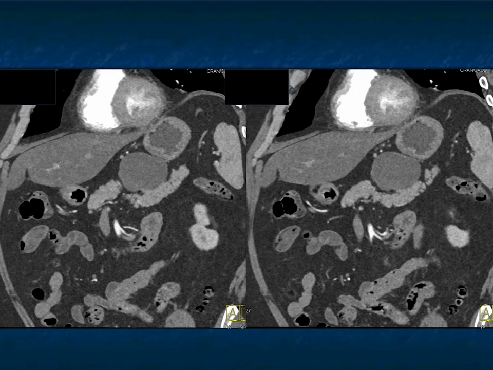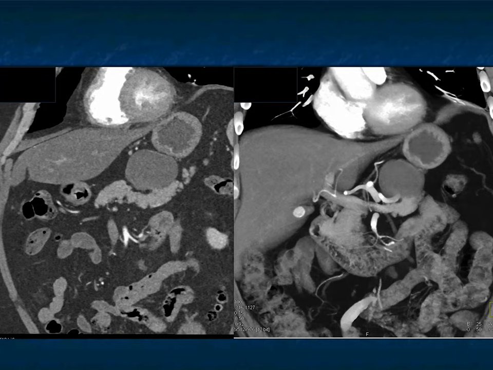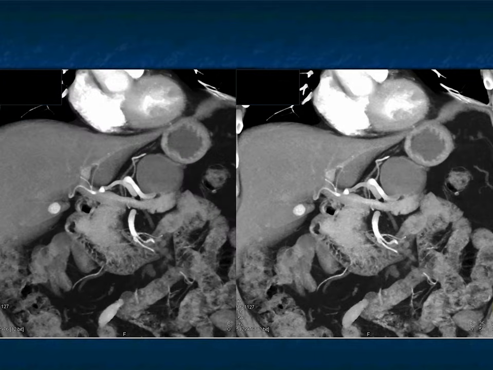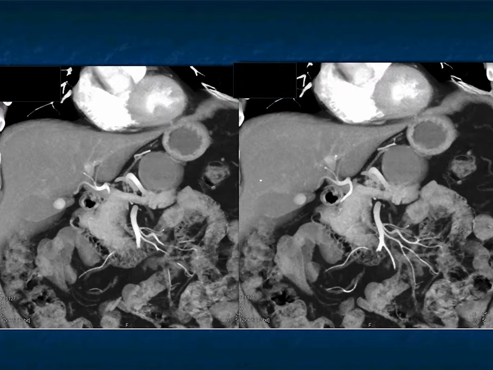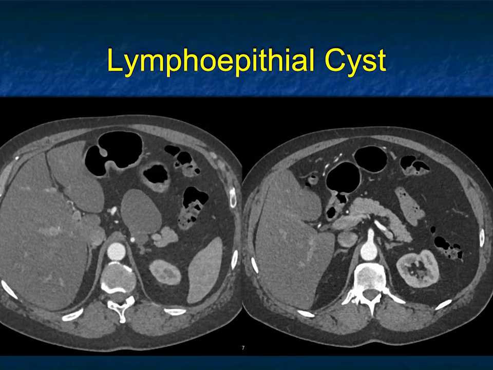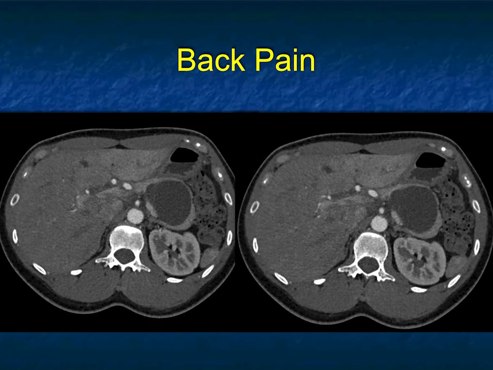But here it is coming off the gland, and it looks like it's attached to the gland. It can be tricky. This is a benign lesion. If you know what it is, it's a leave-alone lesion. If you biopsy it, these patients often get really bad post-procedural pancreatitis. Here it is in 3D imaging. A really nice example of a lymphoepithelial cyst.